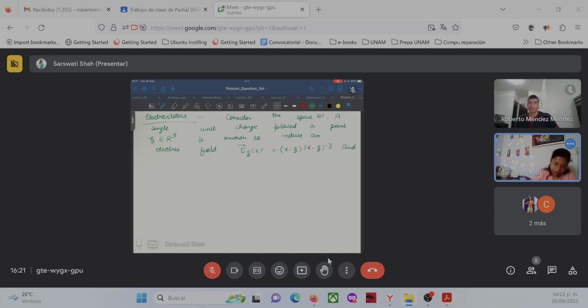It is easy to check that u(xi, x) equals the modulus of x minus xi, inverse, is a potential function.